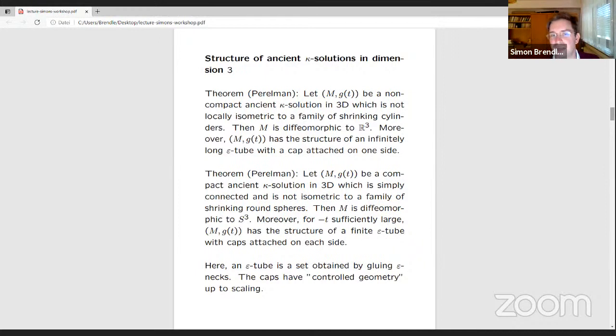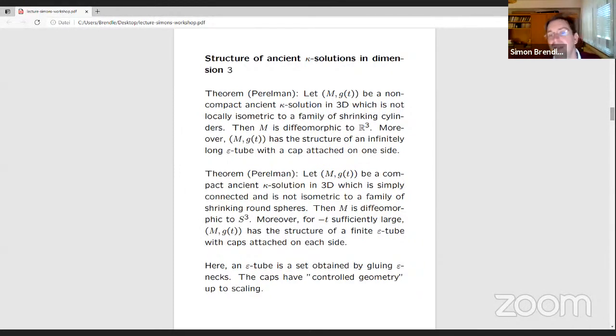First of all, as I mentioned before, any singularity in 3D Ricci flow that occurs in finite time is modeled on one of these. So all the high curvature regions look like an ancient solution. That motivates why we look at them.